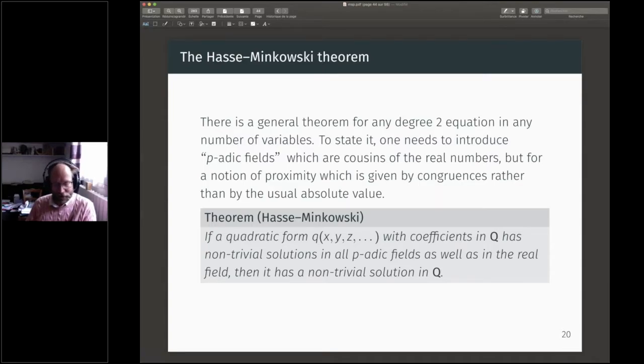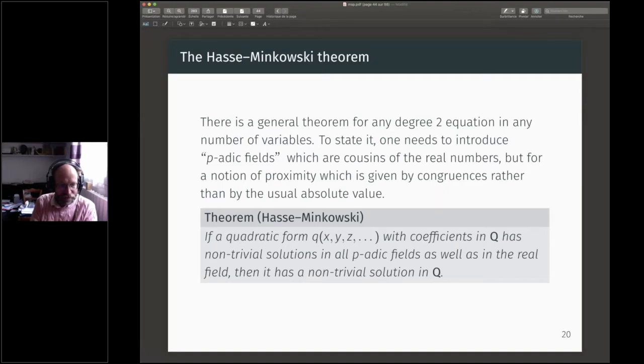It's about studying the quadratic form, those equations of degree 2, in the reals. And there is a more sophisticated way of saying that there are no congruence issues. It's about p-adic numbers. And as soon as the quadratic form has solutions in those p-adic numbers and in the real numbers, then it will have a non-trivial solution in Q.